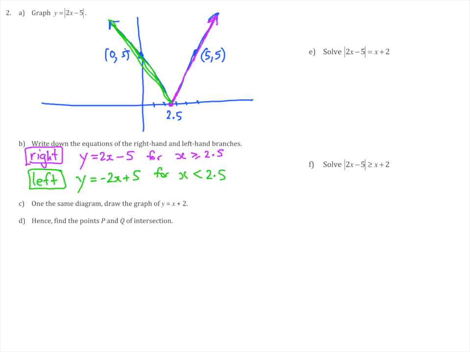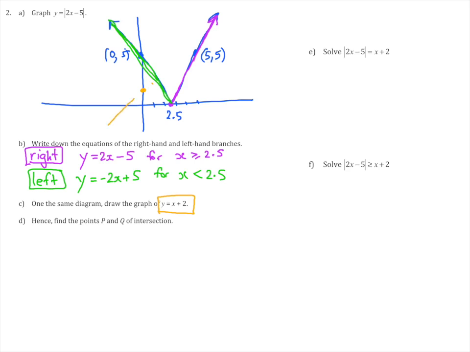Well, y equals x plus 2. Now let's think about y equals x plus 2. When x is 0, y is 2. So y is 2 would be somewhere like this here. And when x is, let's say, 1, y is 3, slight angle, and it's going to go something like this.